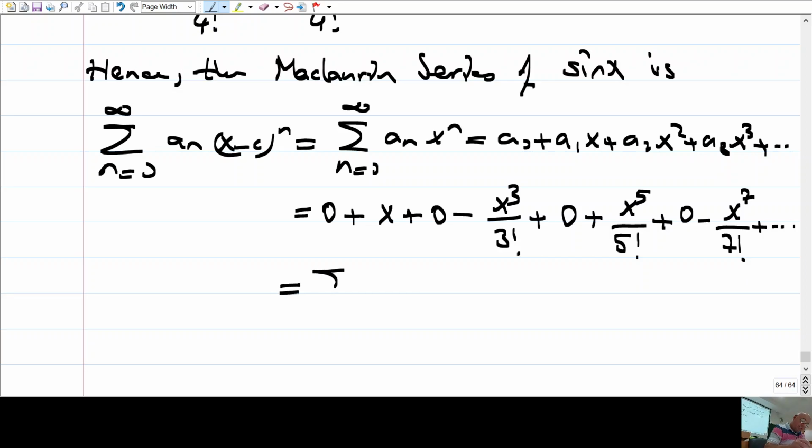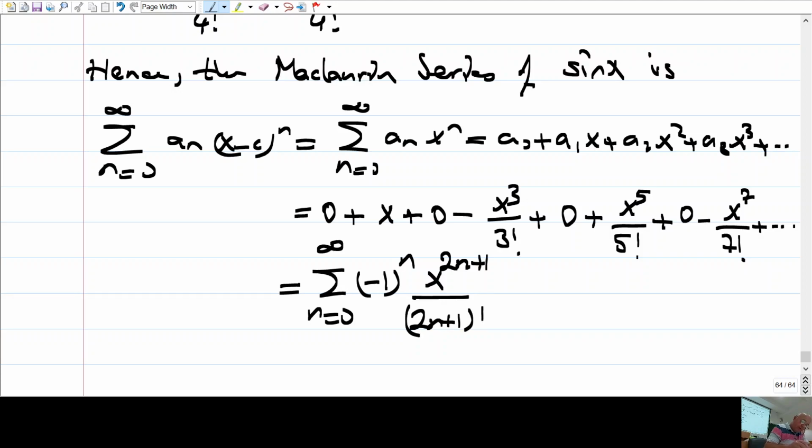So this is just the sum for n from 0 to infinity of minus 1 to the power n, x to the power 2n plus 1, divided by 2n plus 1 factorial.